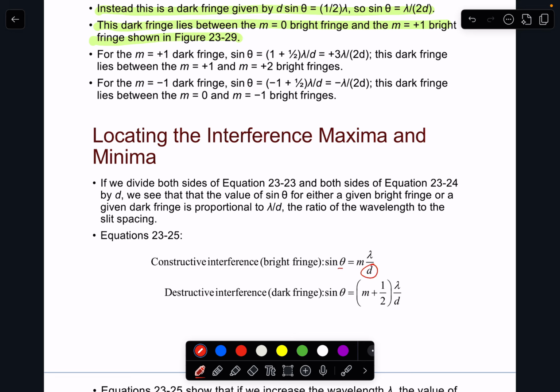And that way we're just solving for theta, right? And if we know the location of theta, then we can find where those fringes are occurring, because that theta is going to be just this guy right here that creates a right triangle, right? Where this would be the m equals 0 bright, and then this would be whichever one we're locating. The theta that gives us, you know, whichever one we're locating there.